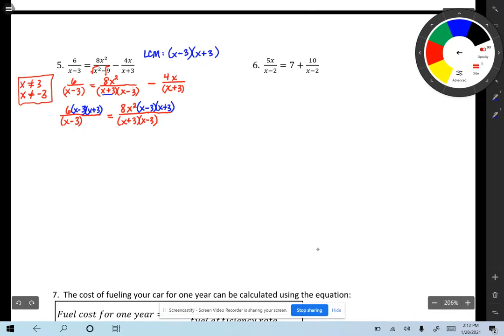Our last fraction, minus 4x over the x plus 3 that's there, and we are going to multiply that top by x minus 3 times x plus 3.